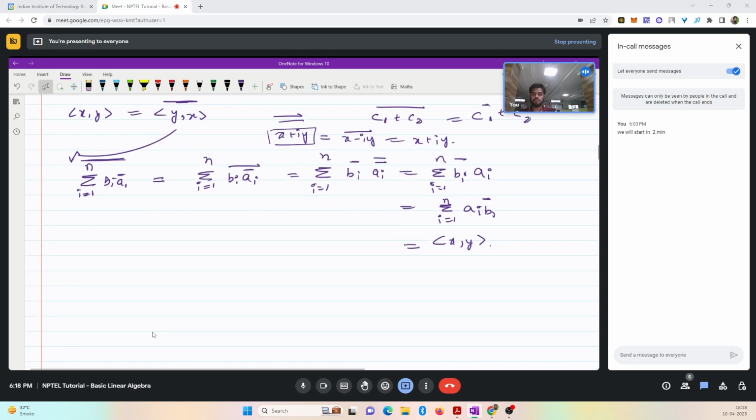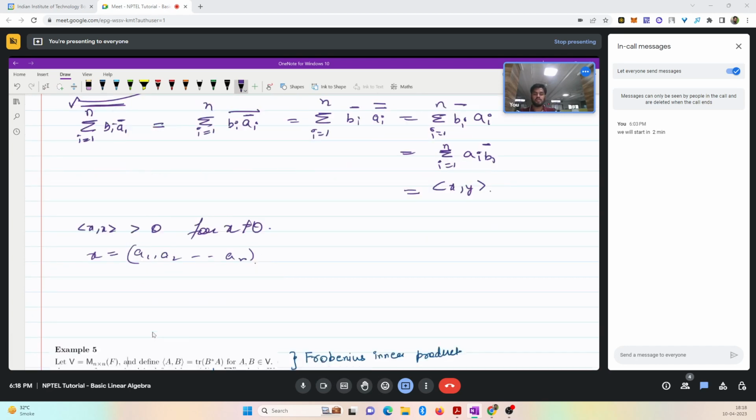Now in order to prove the fourth one, that is x comma x is greater than 0 for x not equal to 0, what we need to show is, let's say again my x is a1 a2 till an. Then x comma x is given by summation i equals 1 to n of ai times ai conjugate.